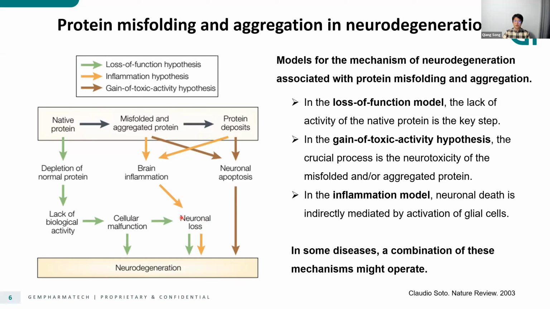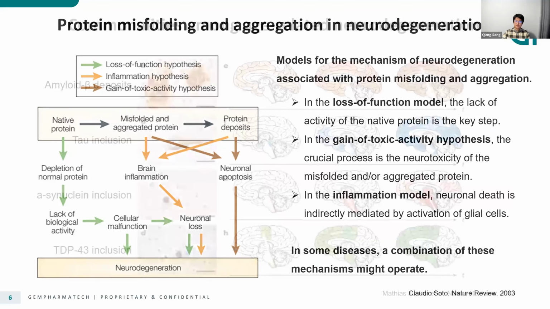In the gain of toxicity hypothesis, the crucial process is neurotoxicity caused by misfolded and aggregated proteins. In the inflammation model, neural death is indirectly mediated by supporting cells like astrocytes and microglial cells. In some diseases, a combination of those mechanisms might cooperate.